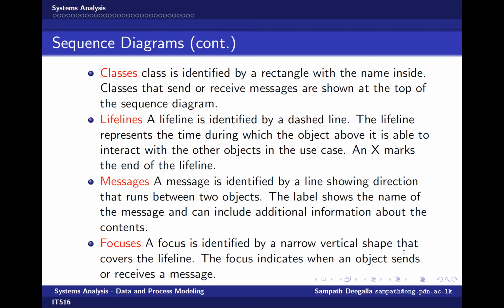And finally, focus, which is what happens or what it covers during the lifeline. For example, focus could be when you send or receive information, which means the interaction can be represented with the focus.